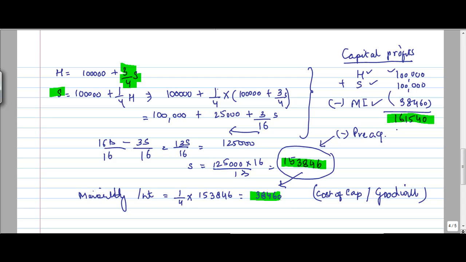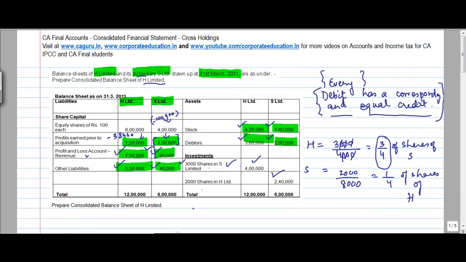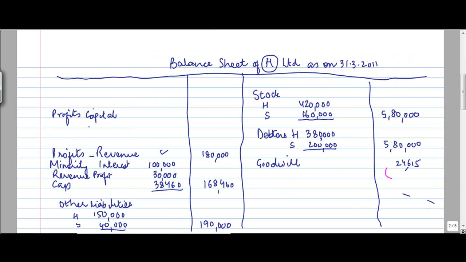And how much was that number? That number was 115,385. Once I do this, what I'm left with is 46,155. So this is the number of capital profit which has to come in the consolidated number. 46,155.